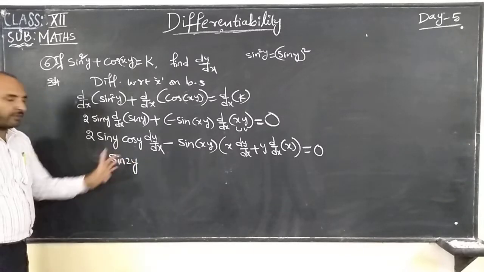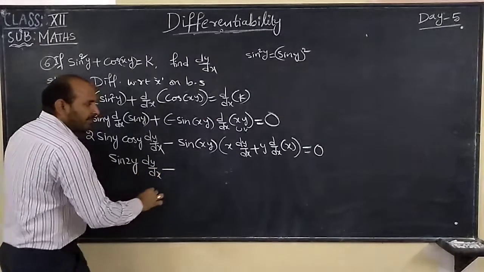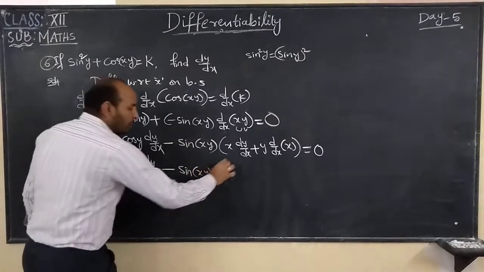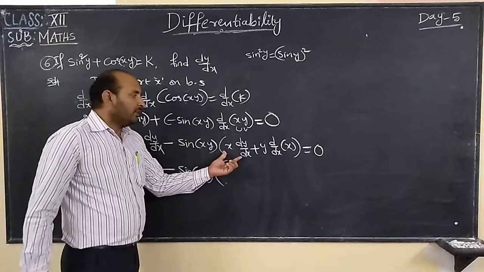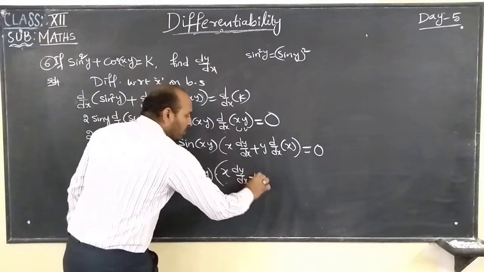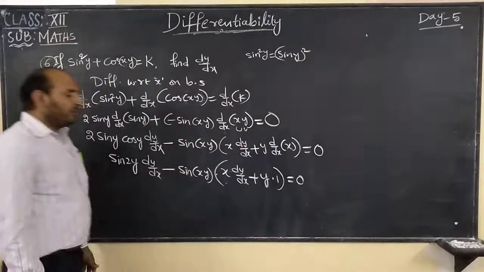So sin 2y dy by dx minus sin of xy into (x into dy by dx plus y into 1), equal to 0.